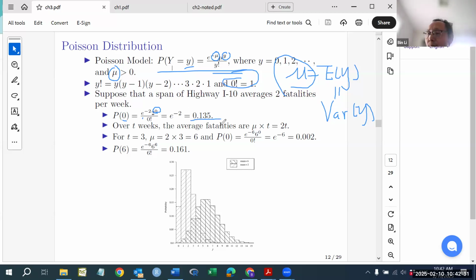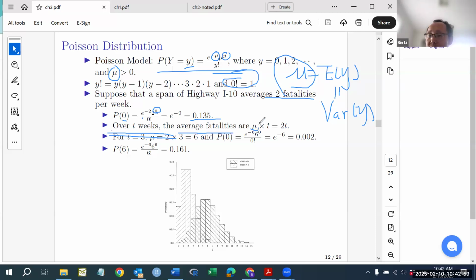So that's a 13.5% chance of getting no fatal accident on this I-10 that week. And what about not just 1 week? Now we want to know over 2 weeks. For 2 weeks, what is that Poisson model? First, what is the average fatality?